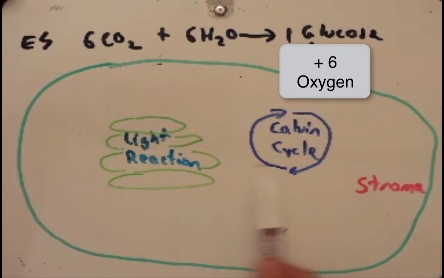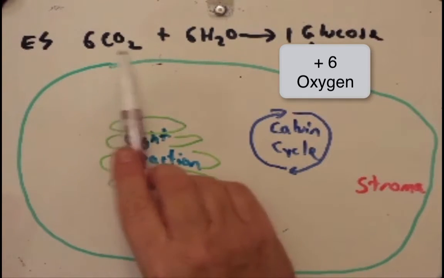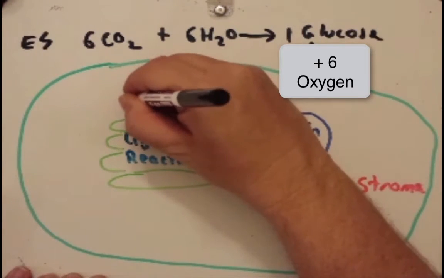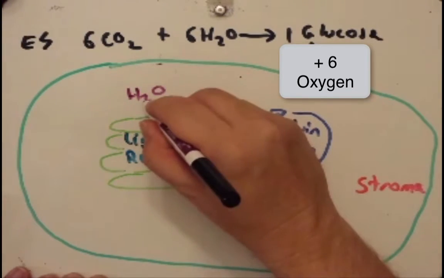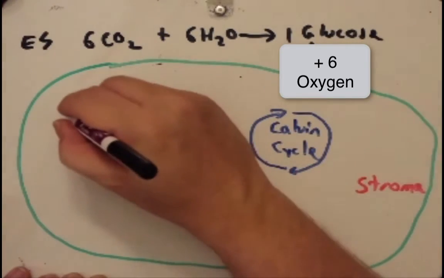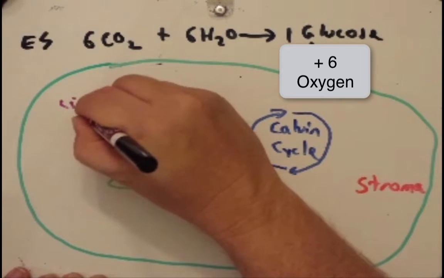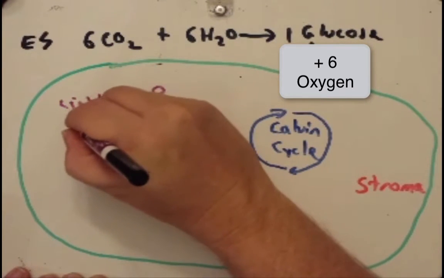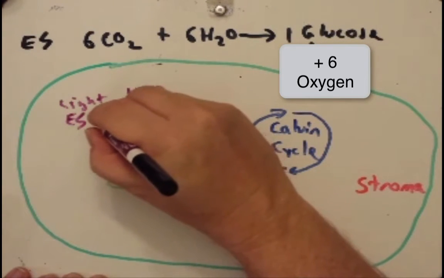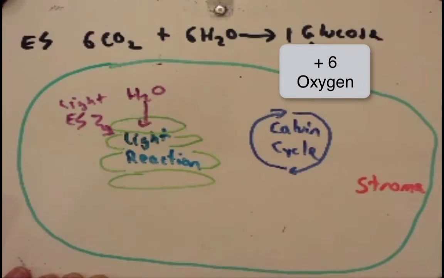So how do we use these two reactions to complete this equation? Water is fed into the light reaction with our light energy. And this results in the release of oxygen.